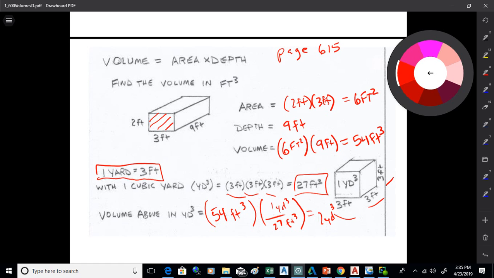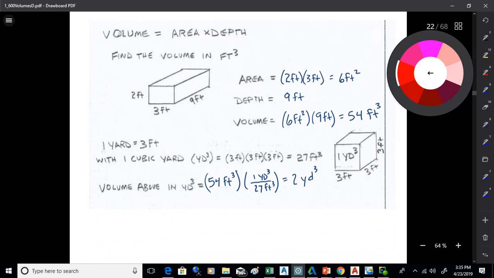So if you take your cubic feet, which is what we measure things in the field with our instruments, you've got to take cubic feet divided by 27. That'll get you cubic yards. Okay. So the general formula there is to take the cross-sectional area and multiply it by the depth. Now, so we good with that? Okay. So there we go.